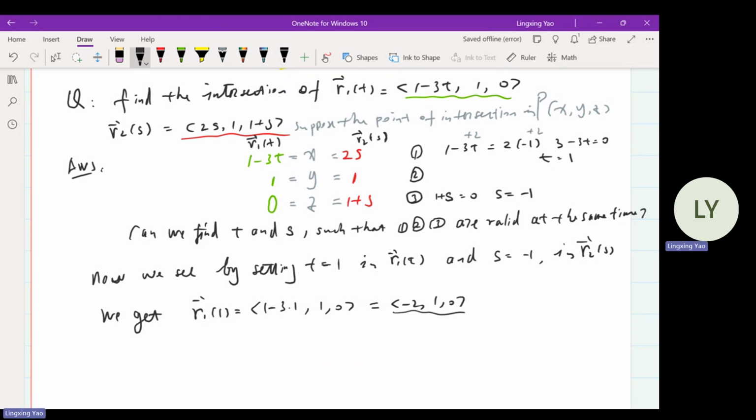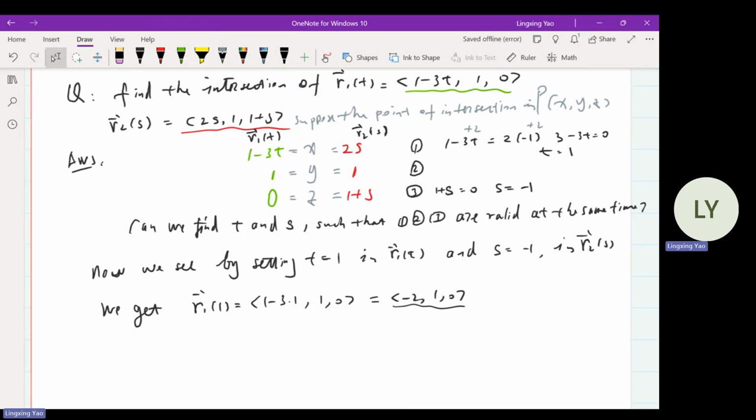So remember, this is the position vector, with the tail at the origin, and the head at the point -2, 1, 0. The point, we use the parentheses, (-2, 1, 0) is on R1, the line.